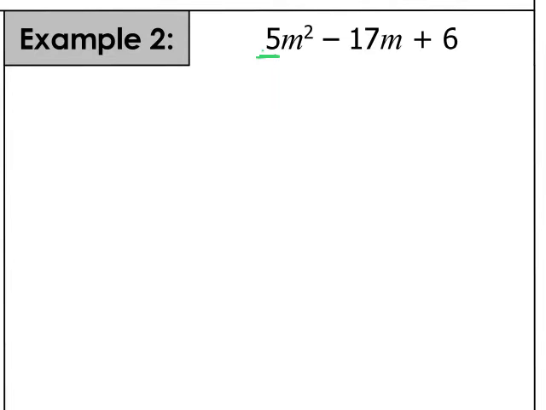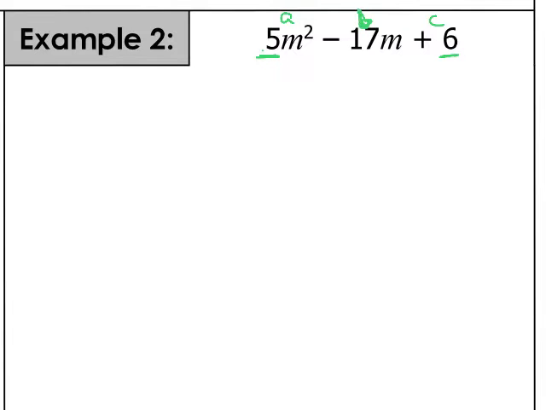So we need a new tool in our tool belt. I'm going to teach you some steps to factor this by grouping. And to start off, when we had only a coefficient of 1, we look to the C term. Remember, this is term A, term B, and term C. We look to the C term to find the factors that when multiplied equaled the C term, but when added equaled the B term.